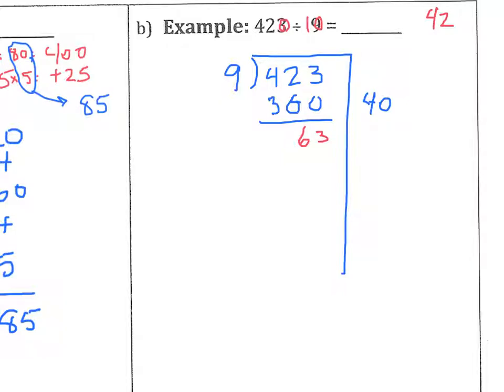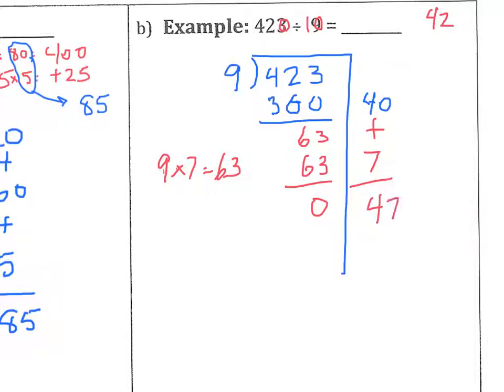Now it gets pretty simple for me because I know that 9 times 7 is equal to 63. I know that, so my 7 over here, 9 times 7, 63, and my remainder again is 0. Add these up, 47. My answer is actually 47.